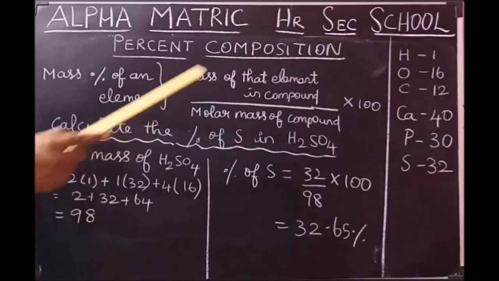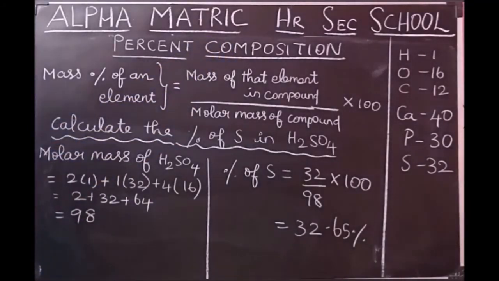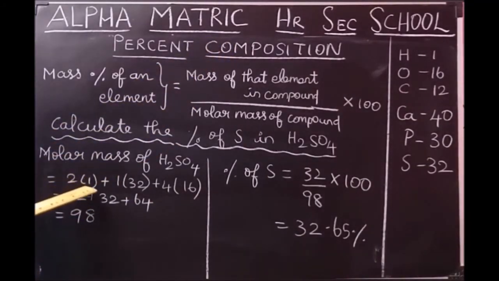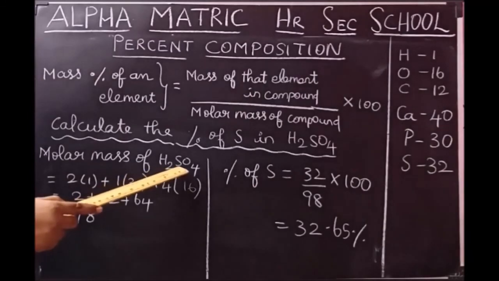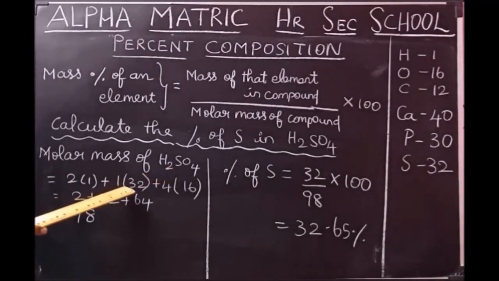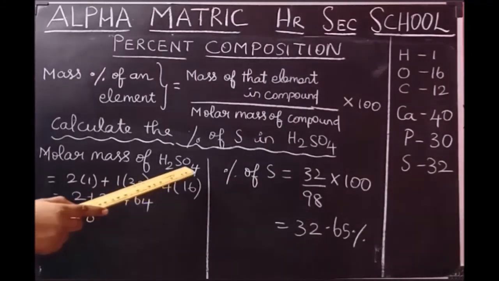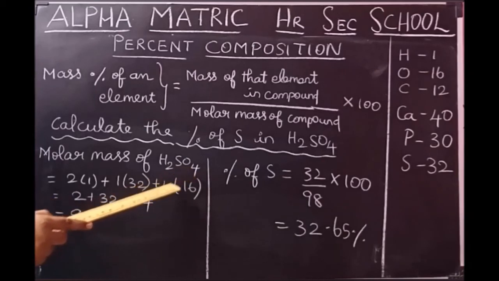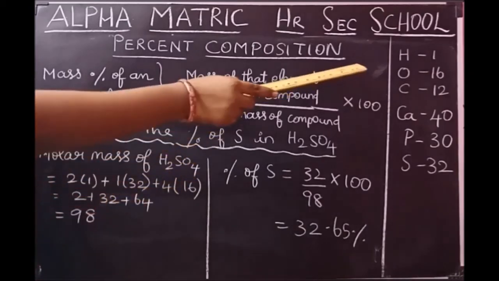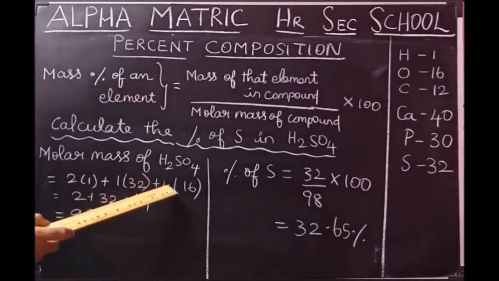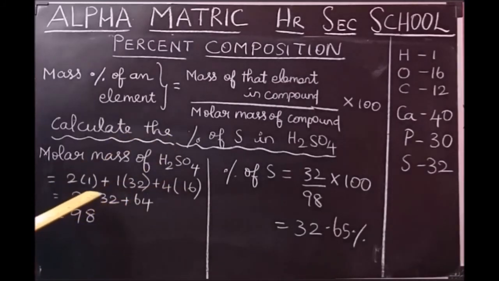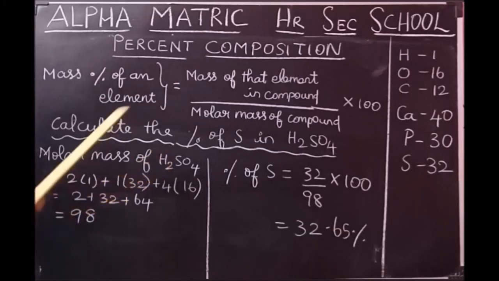For one hydrogen, atomic mass is 1. So 2 into 1 plus, how many sulfur? Here only one sulfur. So 1 into the atomic mass of sulfur, 32, plus. Here 4 oxygen. For oxygen, atomic mass is 16. 4 into 16. If you calculate this, finally we get 98 as the molar mass of sulfuric acid.